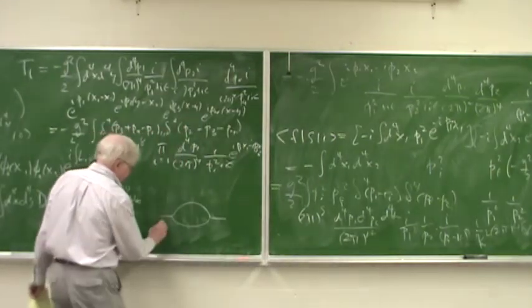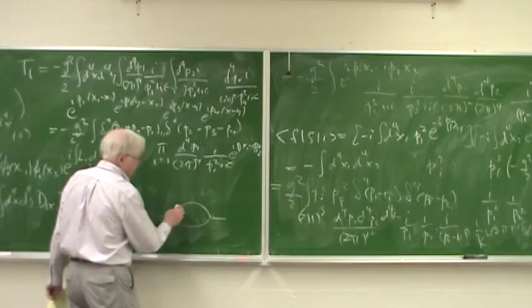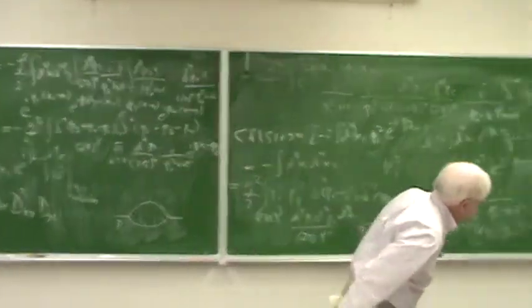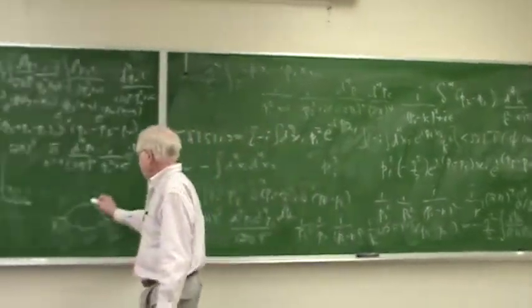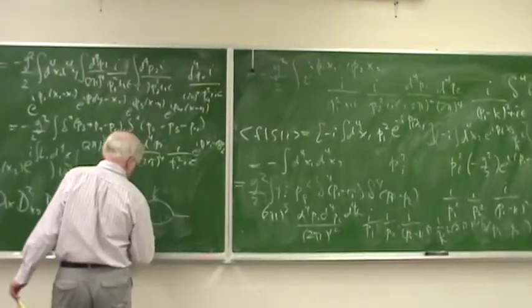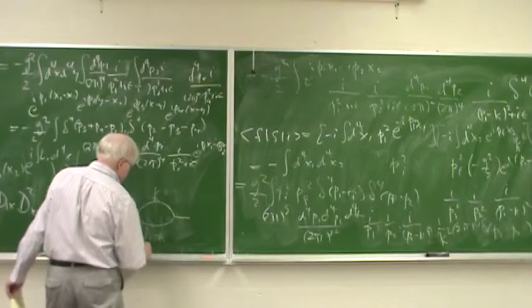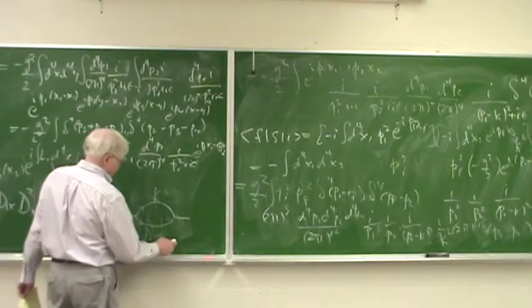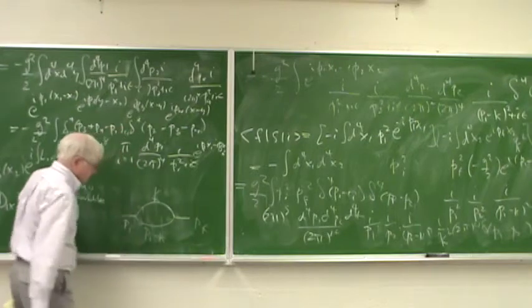So we've got pi, and then this is pi minus k, k, and then pf.